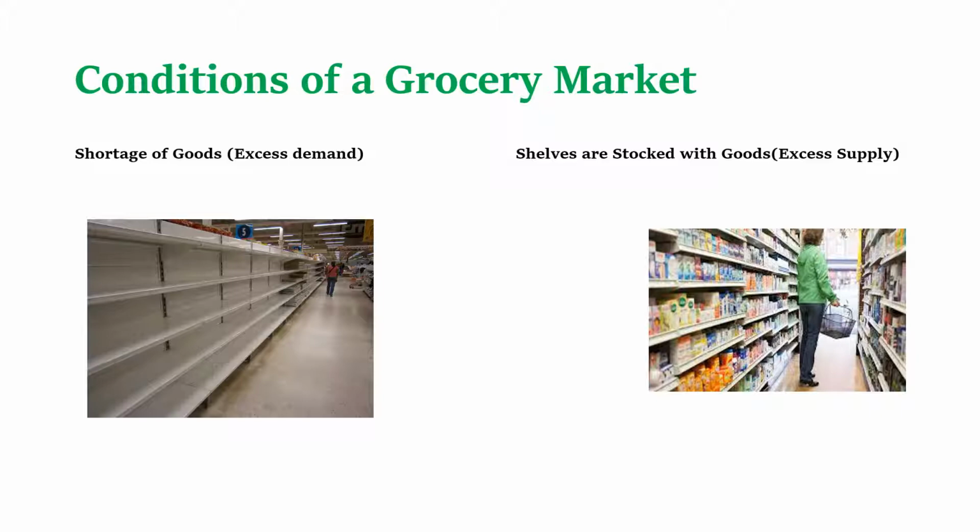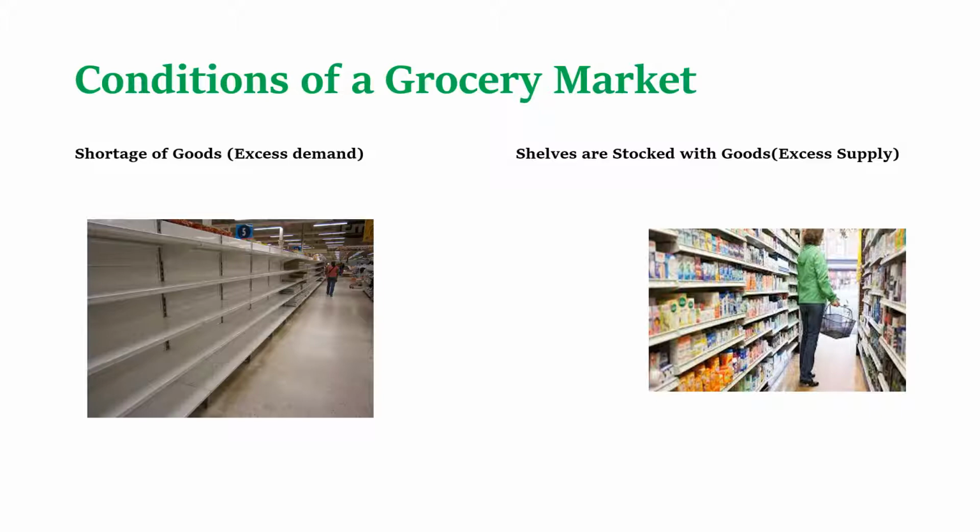Now let's look at this case. This is the case in Western Europe. When you go to the supermarkets, you see all shelves stocked with goods, right? So all the shelves are well stocked. So people can go there and buy whatever they want to buy.